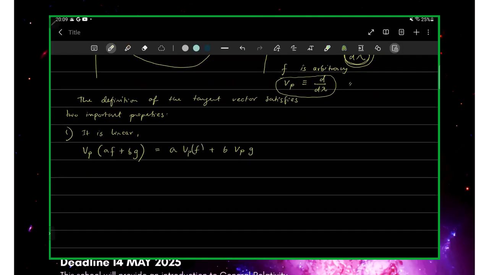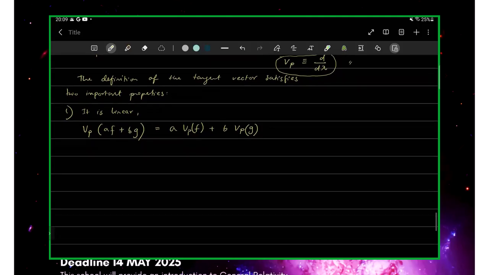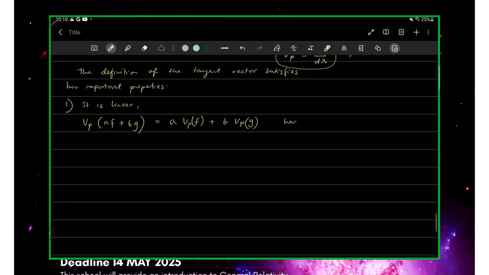The brackets denote that VP is acting on f and VP is acting on g. And here, f and g are functions, and a and b are just real numbers.